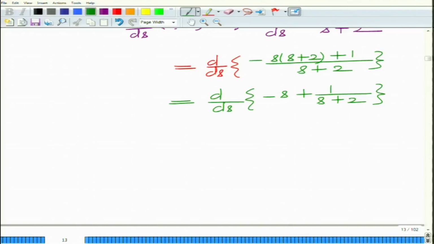This is equal to minus 1 minus 1 over (s plus 2) whole square.